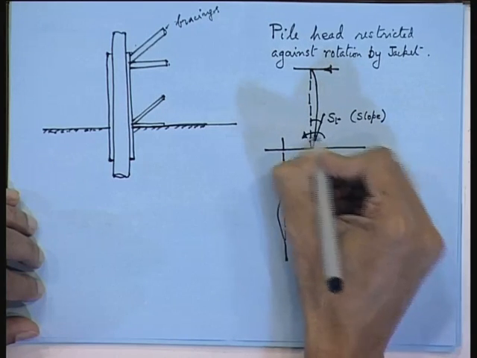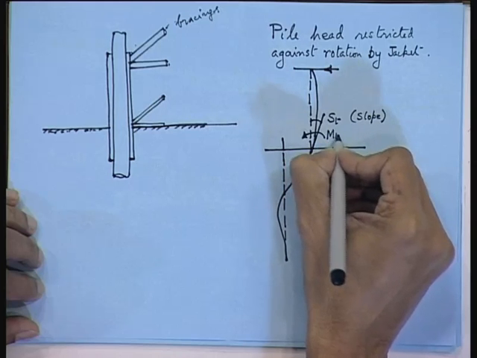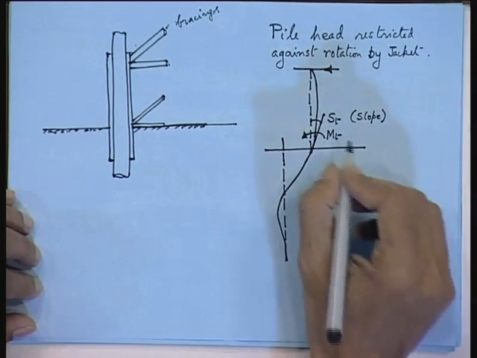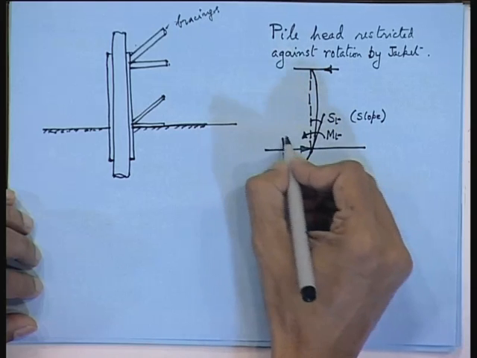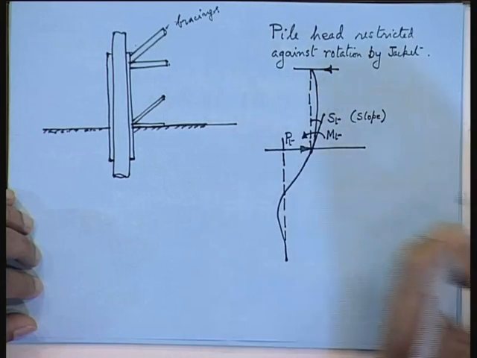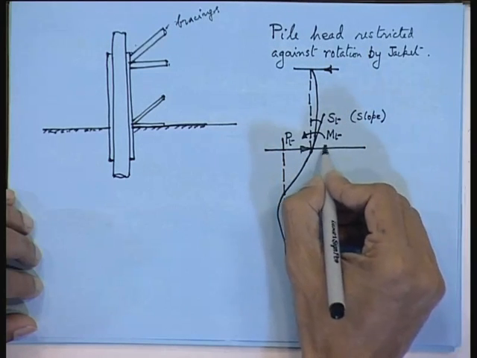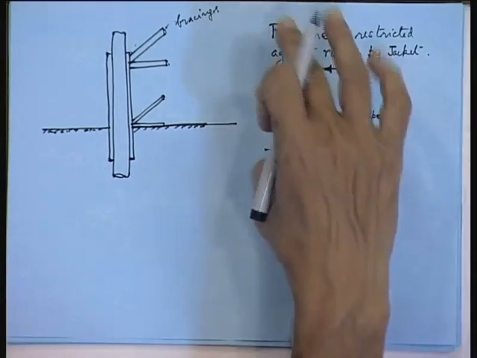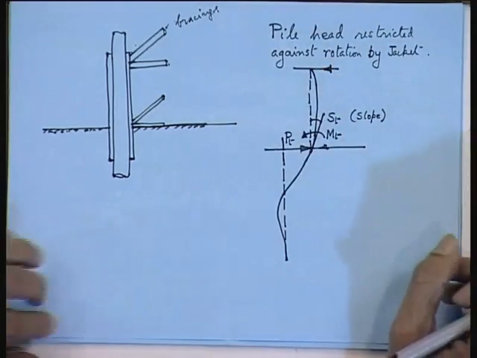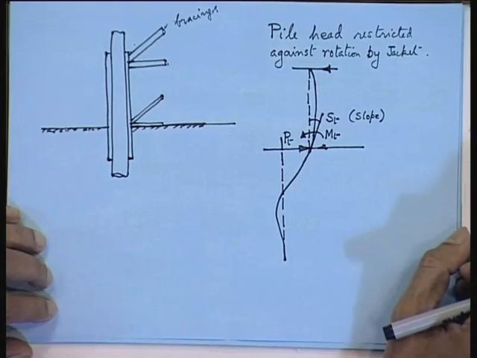So, this is your MT, and obviously the load will come here. So, this is called your pile head load PT. You take this at the seabed, there will be a couple as well as a horizontal force. So, this is the situation.